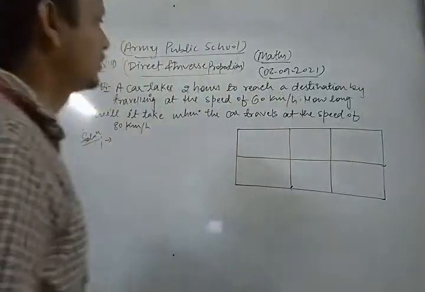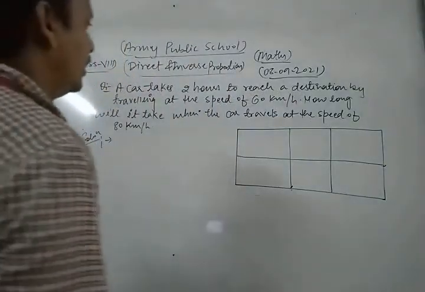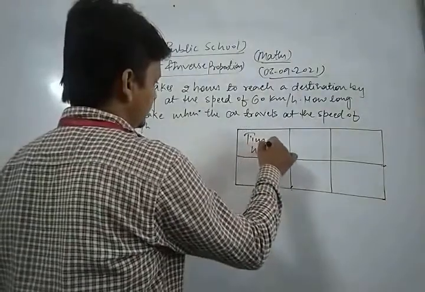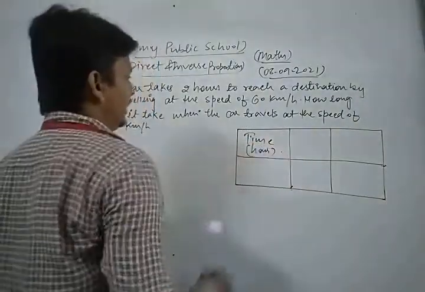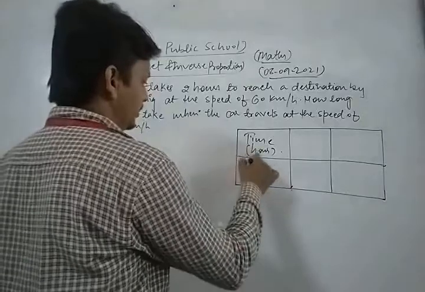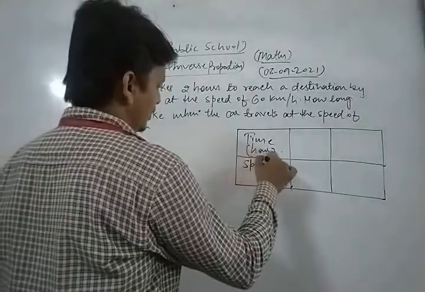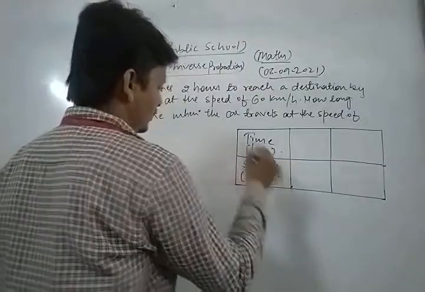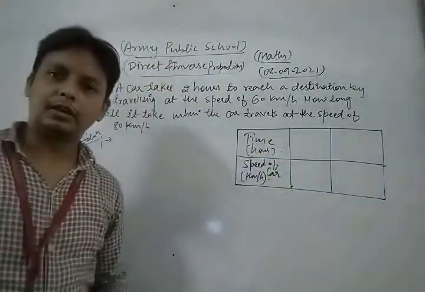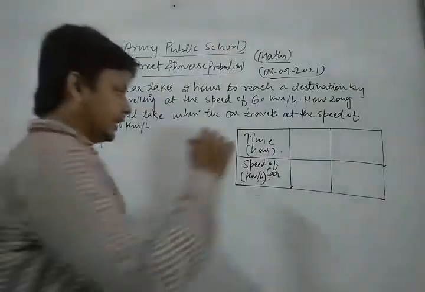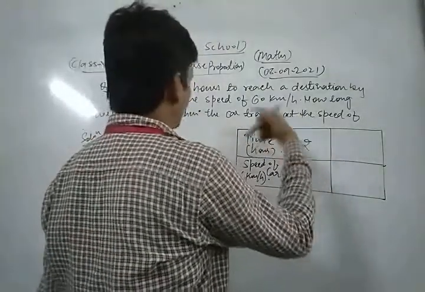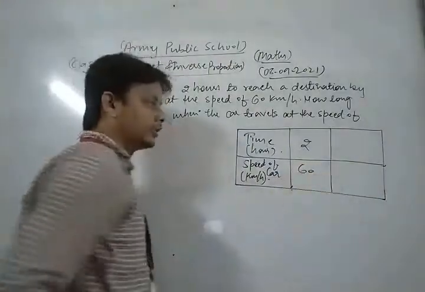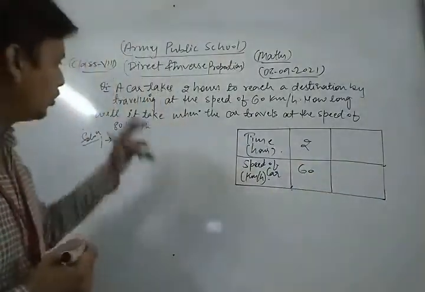So first of all, we write here time in hours, and in the second column we write speed of car in kilometer per hour. So the car takes 2 hours to reach the destination by traveling at the speed of 60 kilometer per hour. How long will it take?